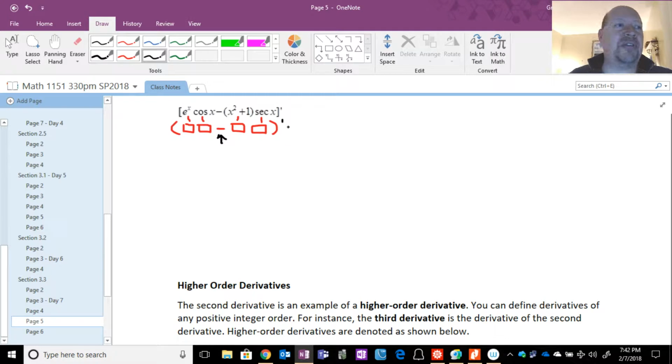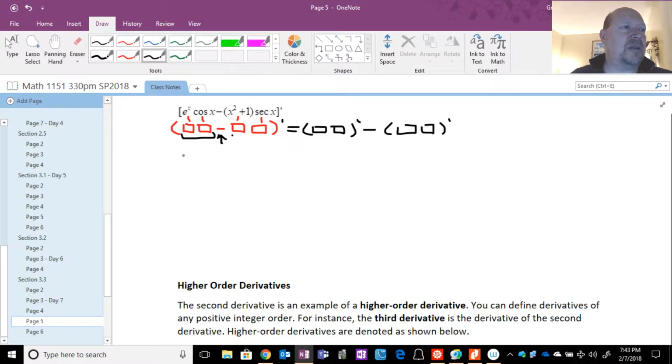This is going to be equal to, well, whatever those first two things are, take the derivative of that, and then subtract whatever the other two things are, and then take the derivative of that. So we're just splitting those apart here with a subtraction sign, and then we'll deal with each of the individual derivatives of those two products. So I can stop drawing blocks and start doing the things here.